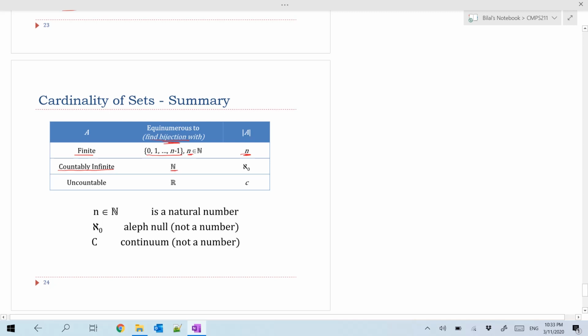In this case, the size of your set is agreed to be equal to aleph null. And if you cannot find the bijection with N, then most probably you need the set R to accommodate all of the elements that you have in your set, or a subset of R. But in this case, any tiny interval, such as the interval between 0 and 1, is already uncountable, and its size is defined to be the continuum, and it's not a number once again.